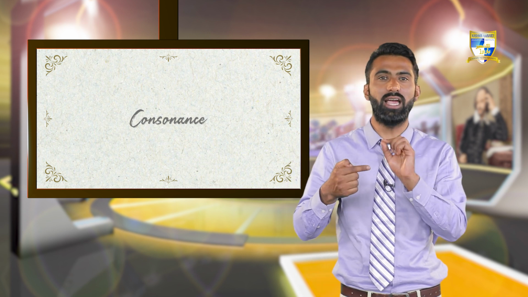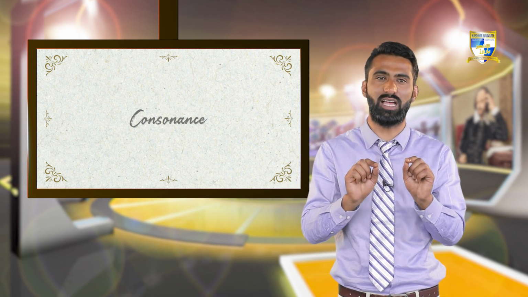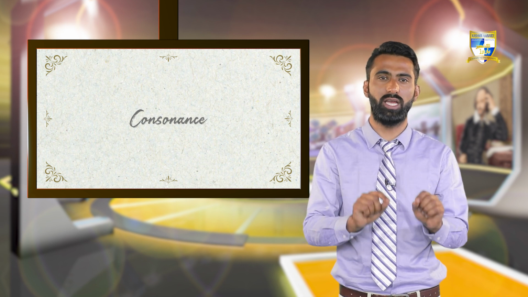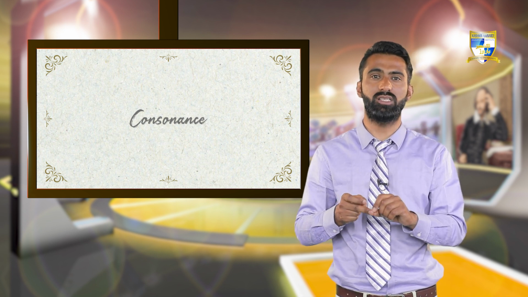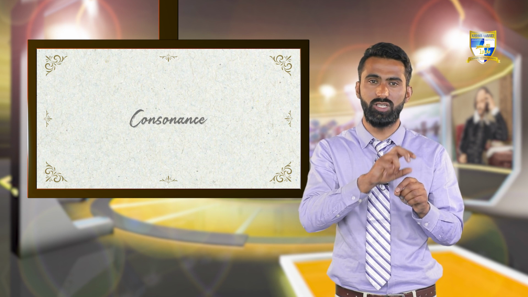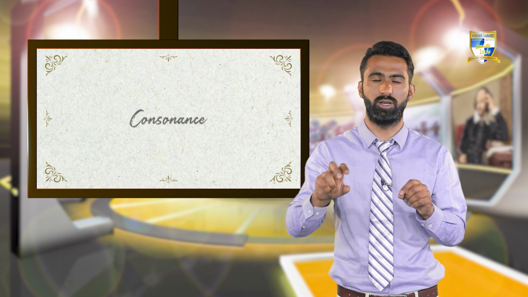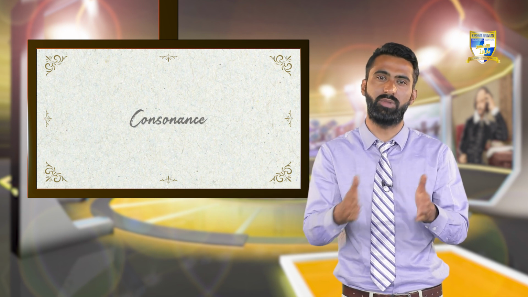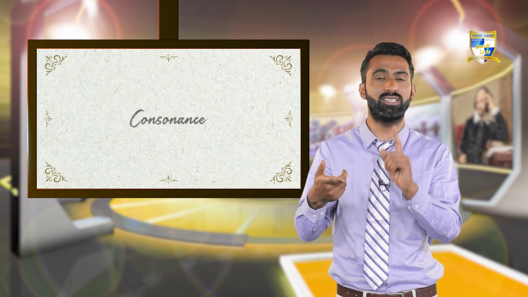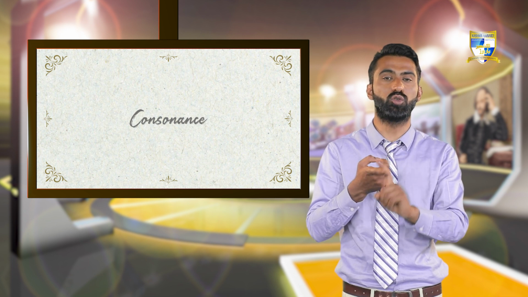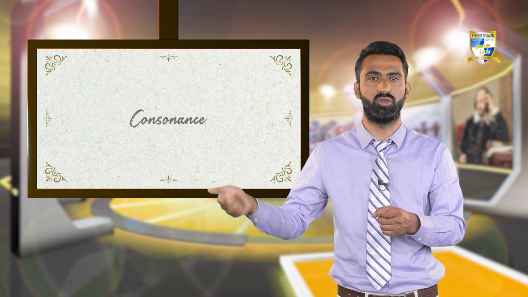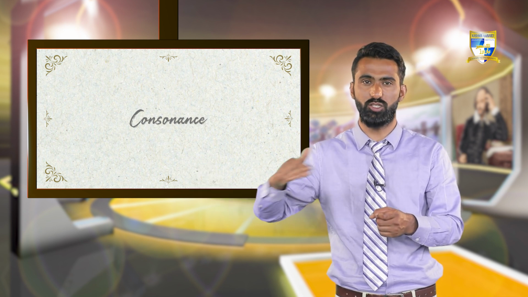In alliteration the consonant sound is used at the beginning of each word, and in consonance there is the usage of a consonant sound anywhere in the line, or anywhere in the word. It can be in the beginning or it can be at the end. You can see the first line, "Two roads diverged in a yellow wood." So the sound is repeated, you can check that.